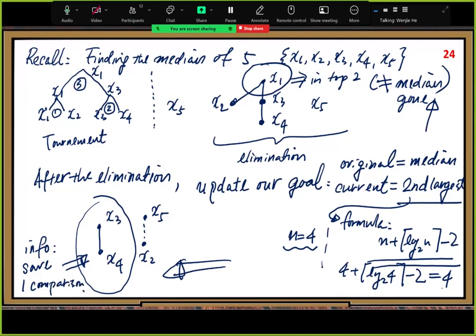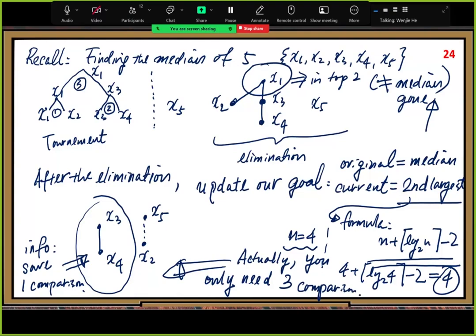In the 4 comparisons, you save 1, so you only need 3 comparisons in this step.